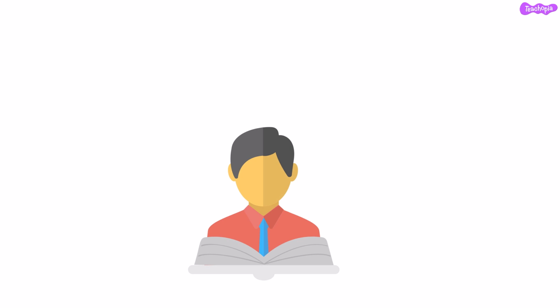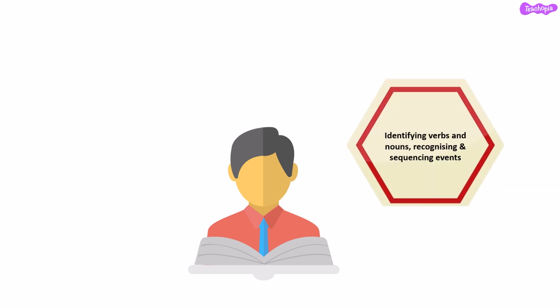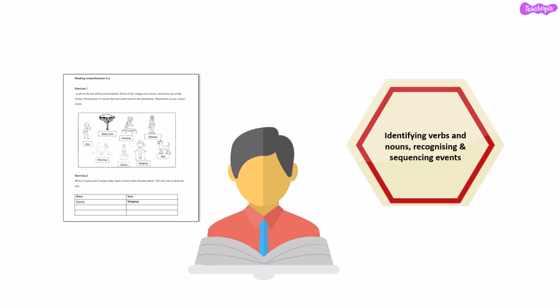If the learner is unable to identify simple verbs and nouns and therefore understand events in a story and the sequence of events in a story, redirect them to the activities under reading comprehension that help learners identify naming words and action words.